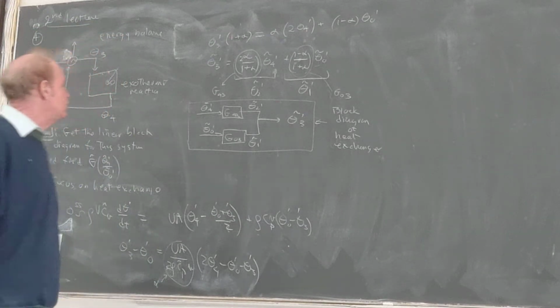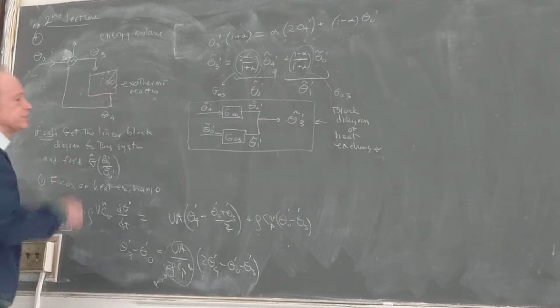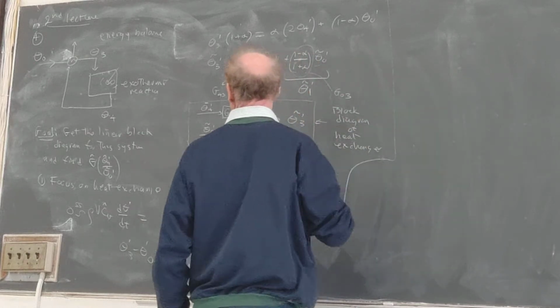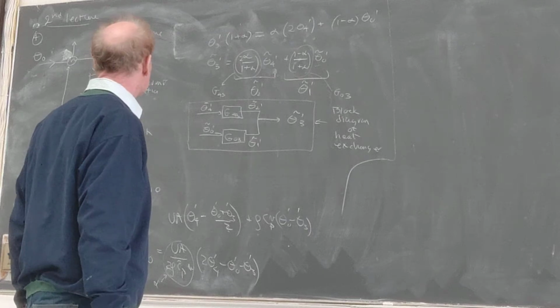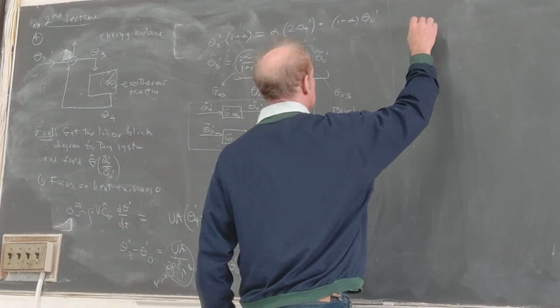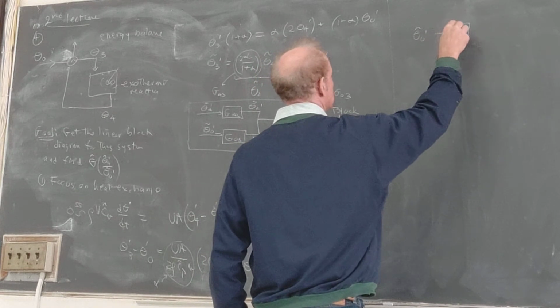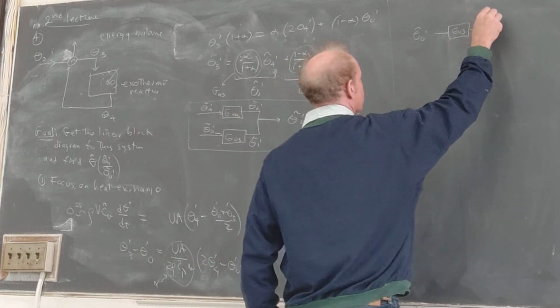But now I'm not just interested in the heat exchanger, I'm interested in the whole system. So let's do the whole system. I've got the heat exchanger, so I've got theta 0 prime. That goes through G03 and comes out with theta 1 prime.